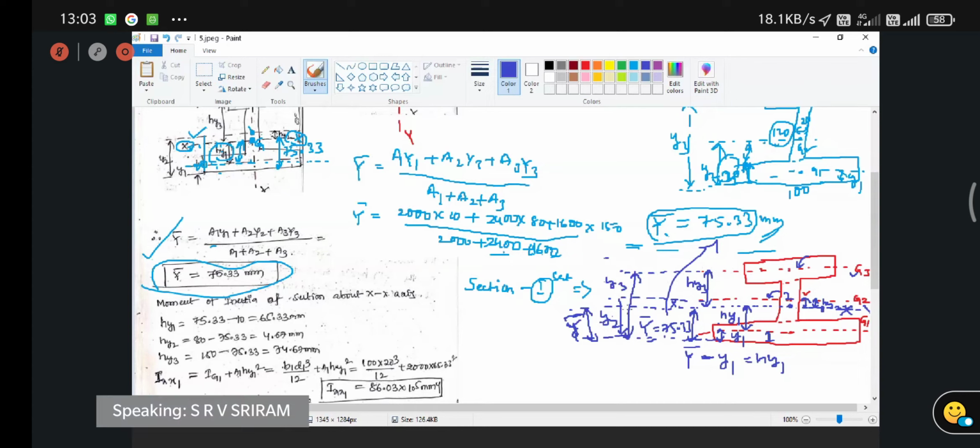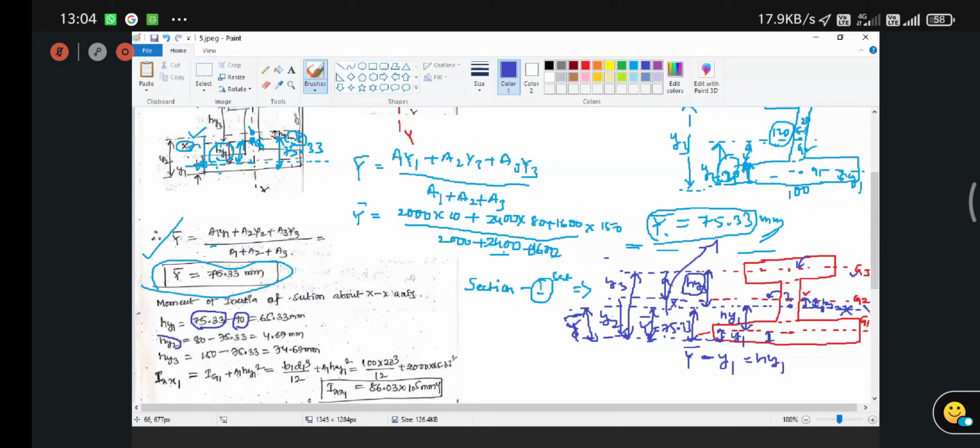So from y3, if you subtract y bar, you are going to get the h3 value. So all the perpendicular distances between parallel axes we have found as hy1, hy2, hy3. My hy1 value is y bar, which is my centroid, minus y1, where y1 is the first section centroid.